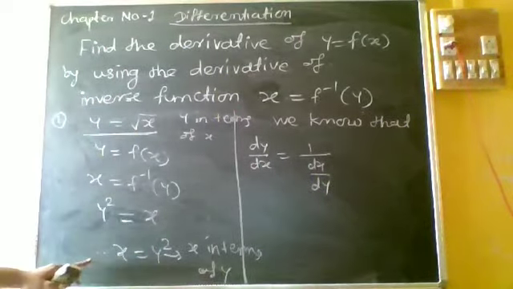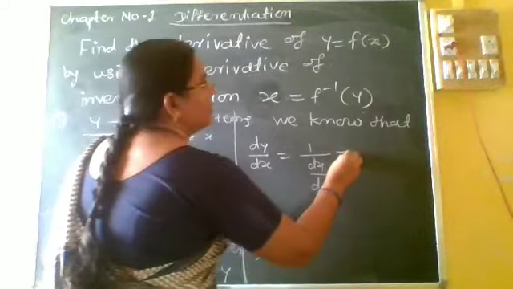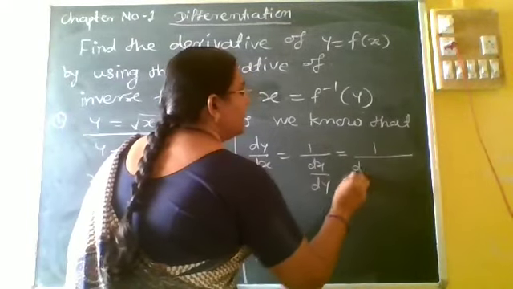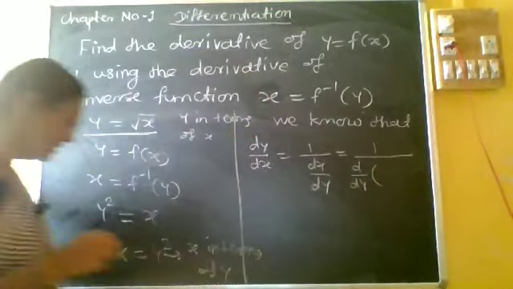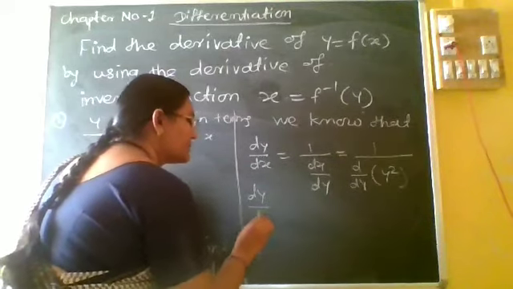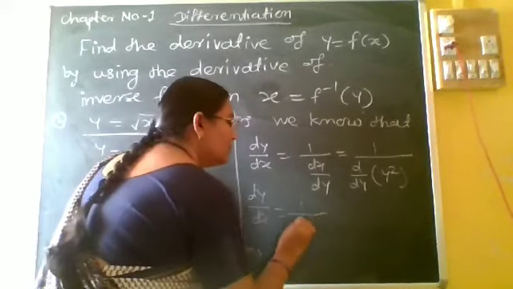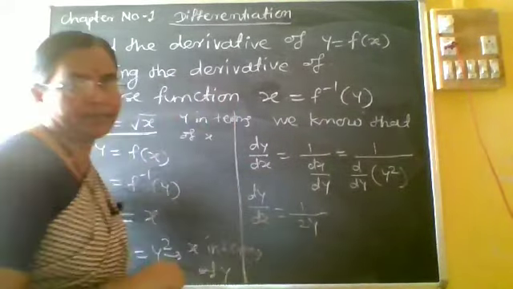Taking the derivative of x with respect to y, we get 1 upon d by dy of y square, and dy by dx is equal to 1 upon 2y.